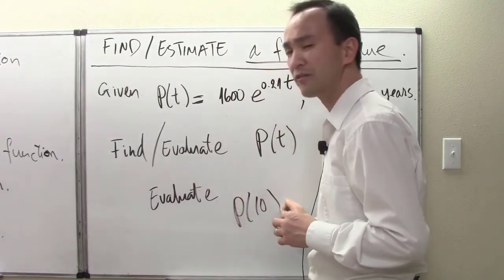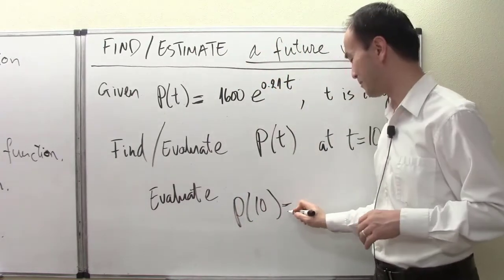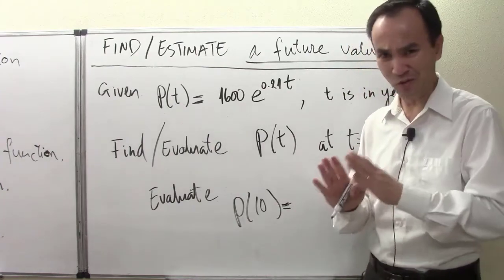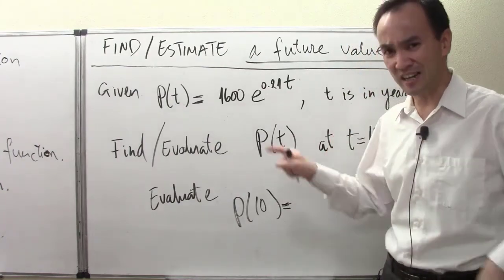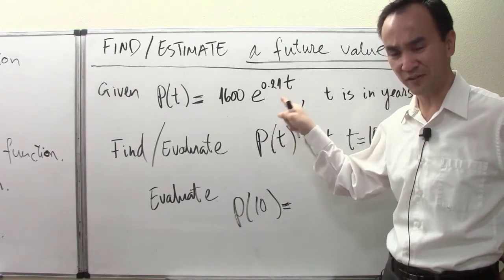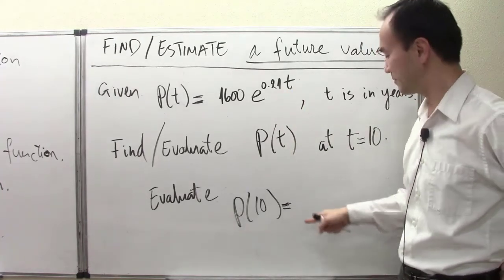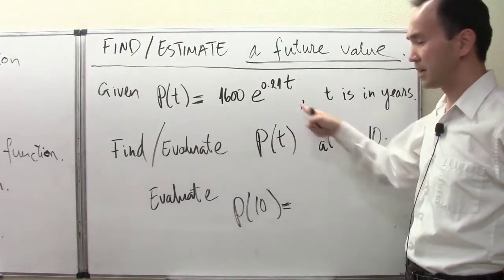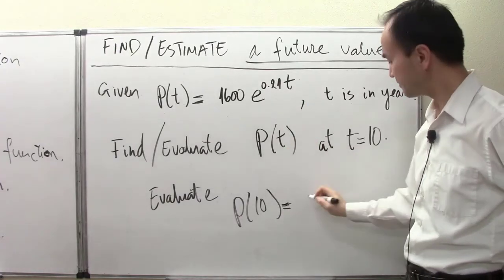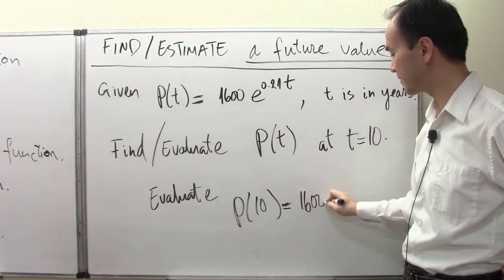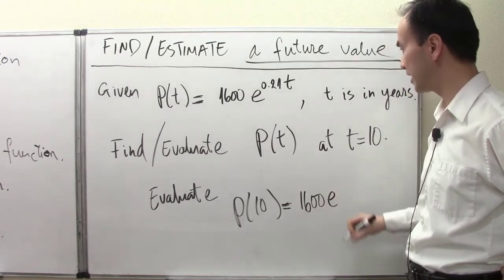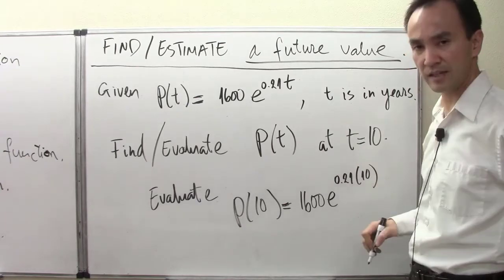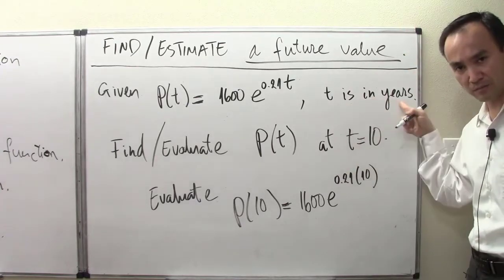I've been beating around the bush a lot, to the point that maybe some of you viewers out there already lost your patience, but I just want to really emphasize how easy that is once we already had the function given. Okay, and so that's all there is. I'm going to go ahead and substitute t equals 10 into this given function. So now 1600 times e to the 0.21 times 10, because t is the variable that's measured in years.